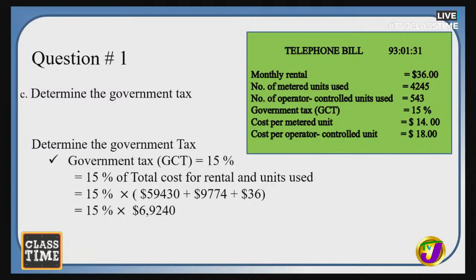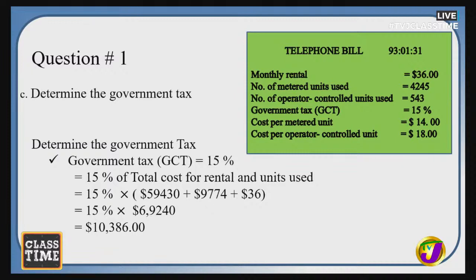So here it is 15% of 69,240. And that would be a total of $10,386. So that is the tax that's payable.